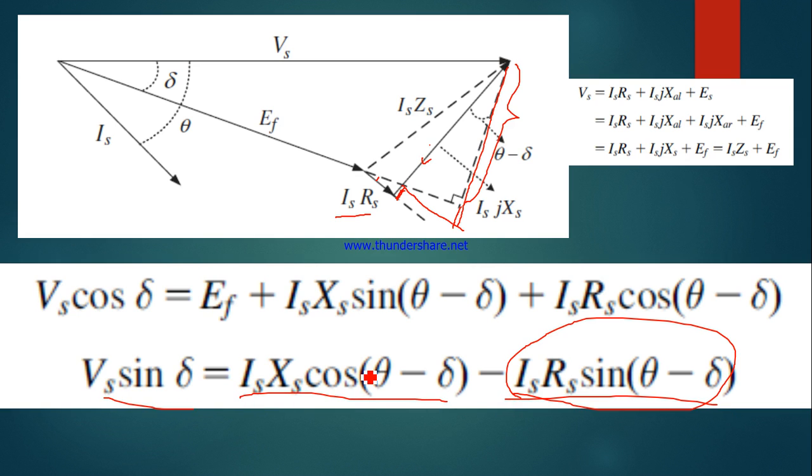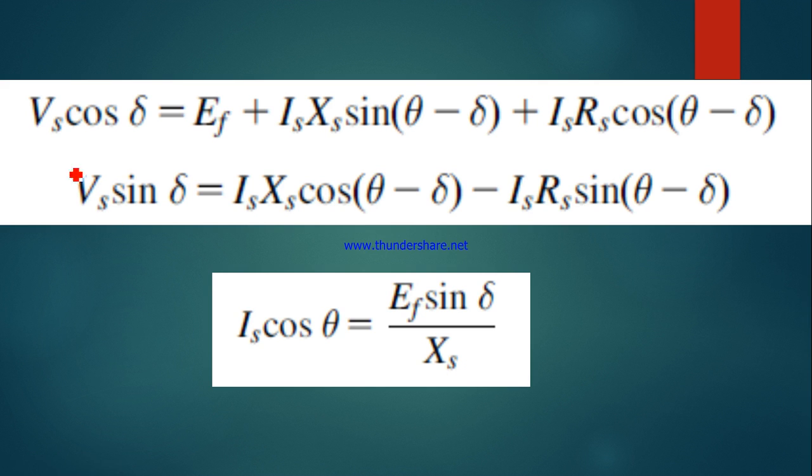So this is the explanation of the phasor diagram of a permanent magnet machine. So now these two equations we understand from where it is generated. Now here if I want to replace Vs, so Vs is equal to entire these things divided by sine delta.